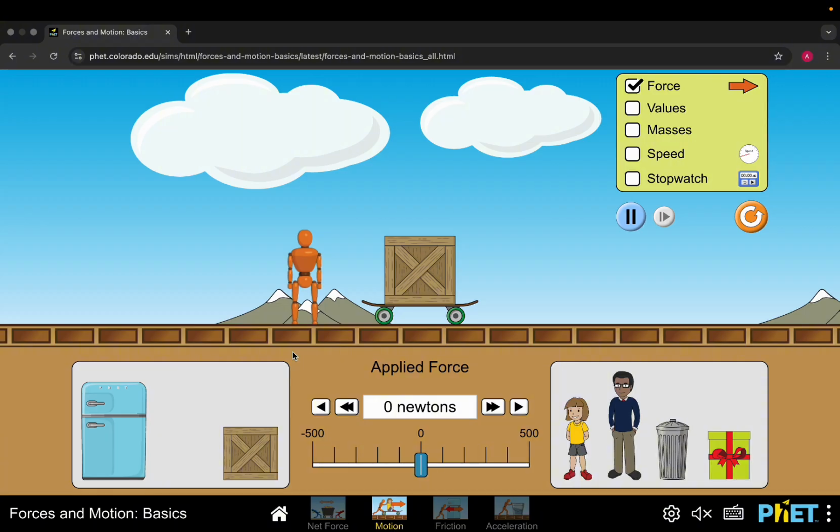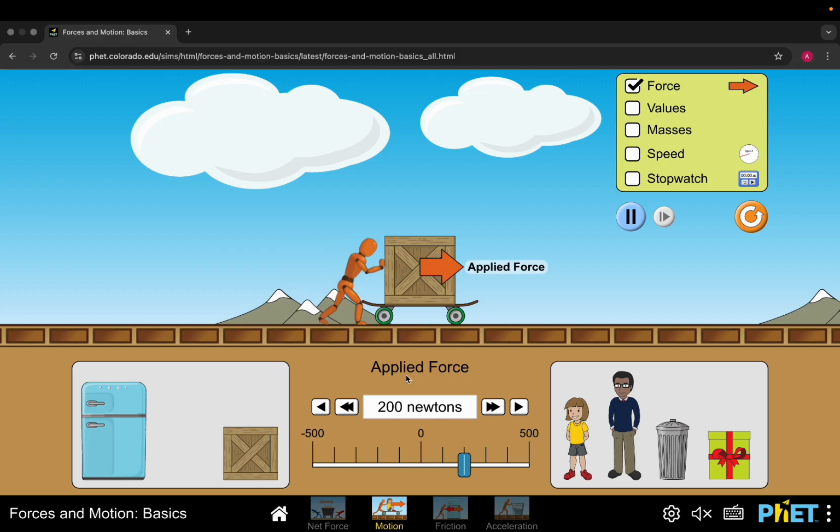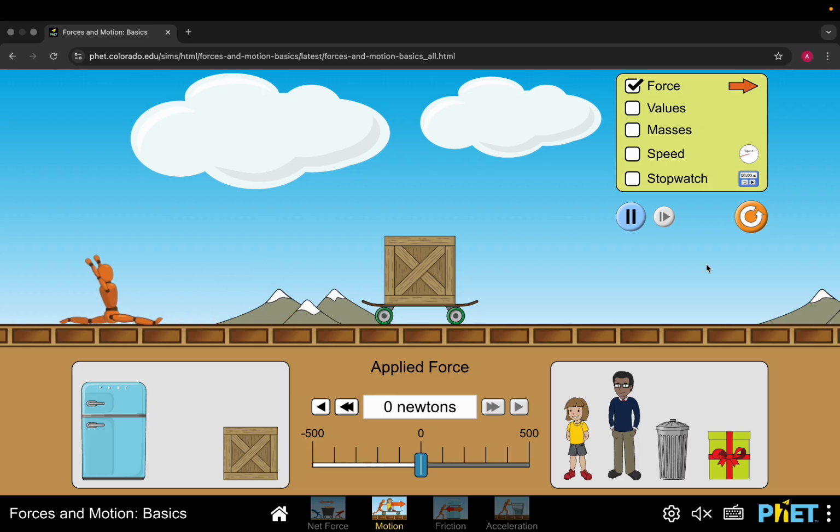When I apply a constant force, the object doesn't just move at a constant speed, it actually keeps speeding up. Let's see that we're applying 200 newtons. So there's an applied force going to the right, and it is going to keep moving. Look, you see? Let's see the values here.